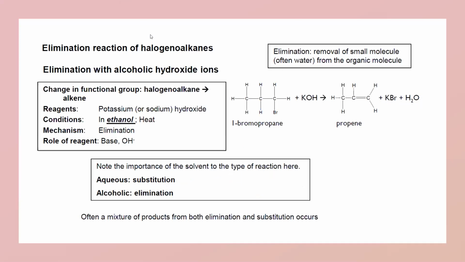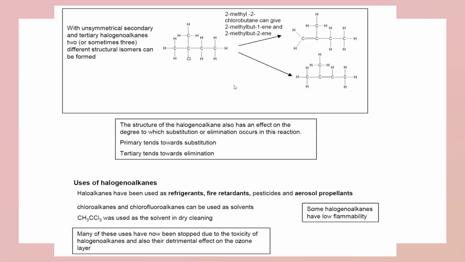The mechanism you don't have to learn; the important thing is you have to learn the mechanism for substitution, SN1 and SN2. So when an unsymmetrical or secondary halogenoalkane is there, there are two possibilities. What are the possibilities which can form? If this chlorine is removed and this hydrogen is removed, then it will form 2-methylbutene.